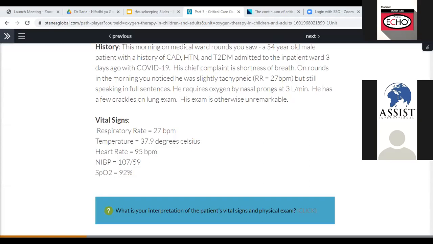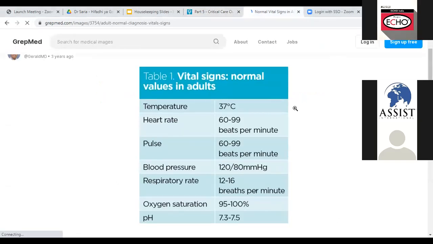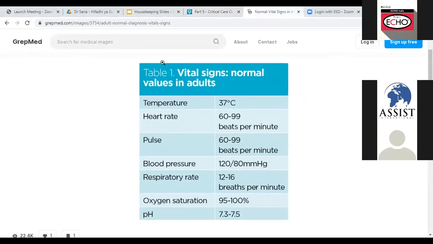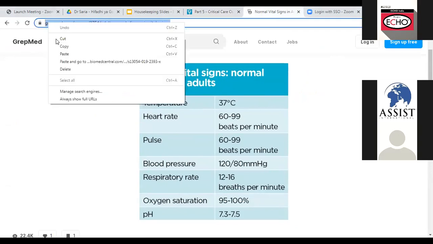Thank you so much to those who have responded. I think we all agree this patient is slightly tachypneic. The respiratory rate is 27, but again, the saturation is low from the normal range. So the patient looks to be hypoxemic.